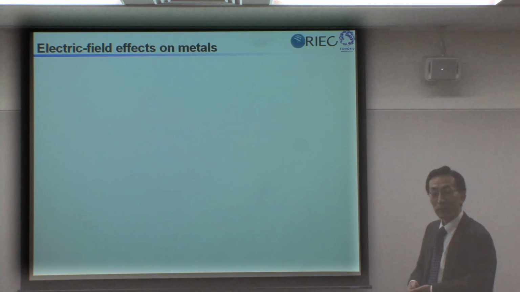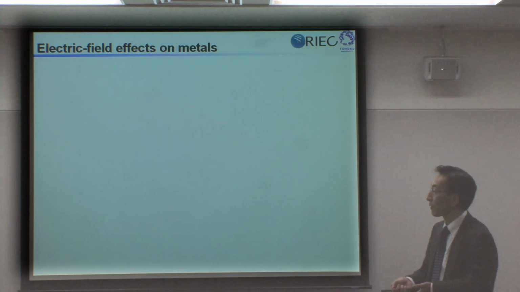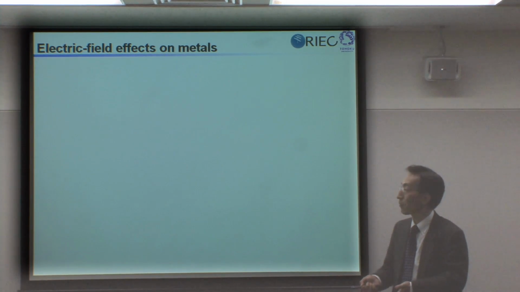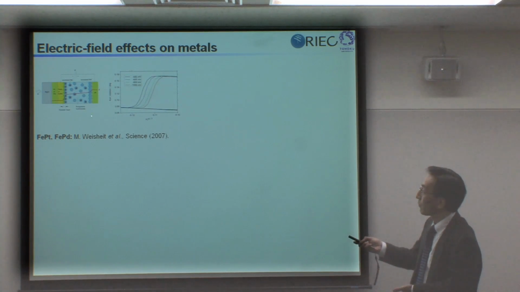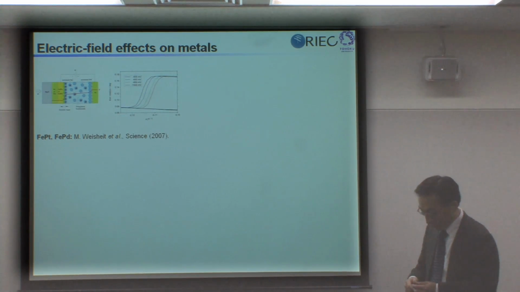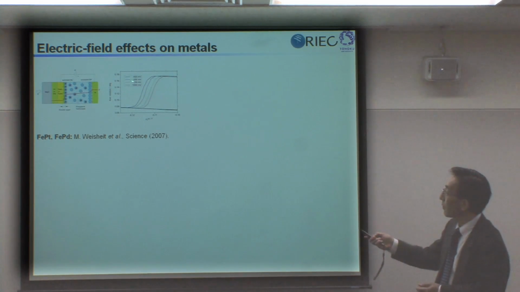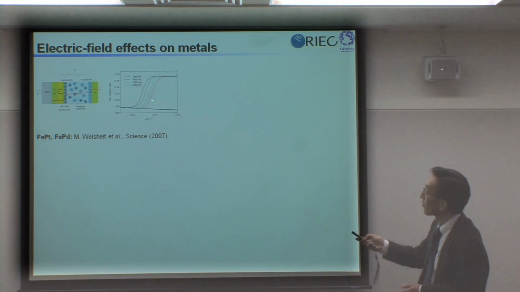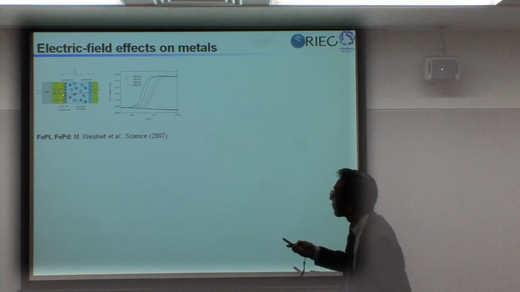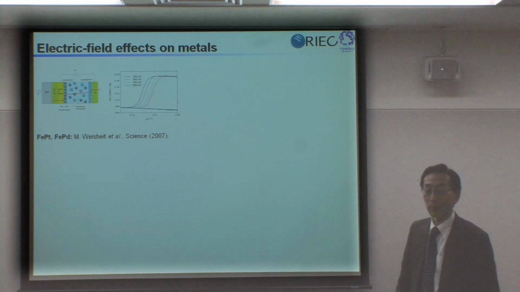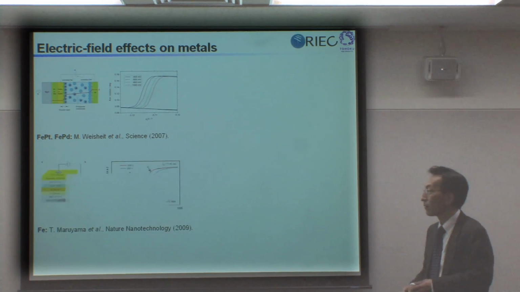It's surprising to see that people are finding out electric field effects in ordinary metals as well. For example, in 2007, a group in Grenoble has shown that you can change the coercivity of, sorry, it's very small, but iron platinum, for example, by applying electric field.